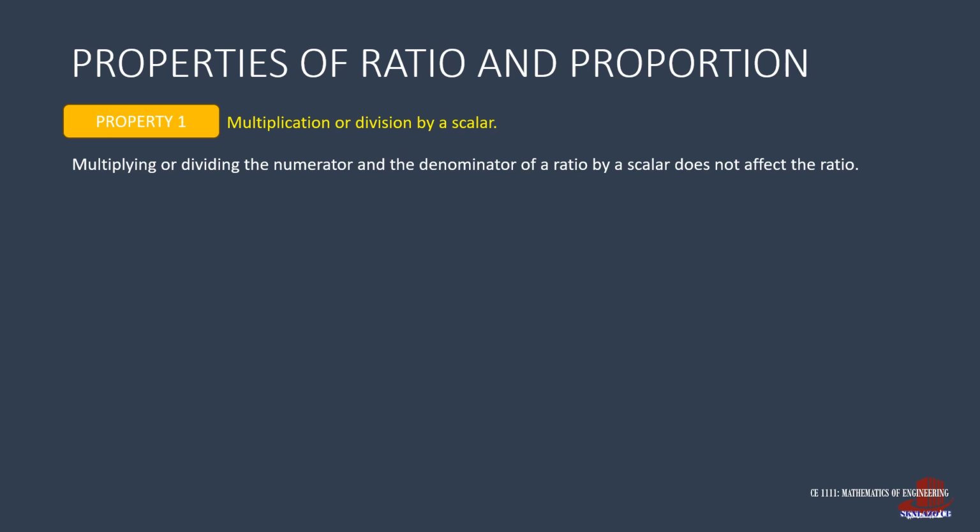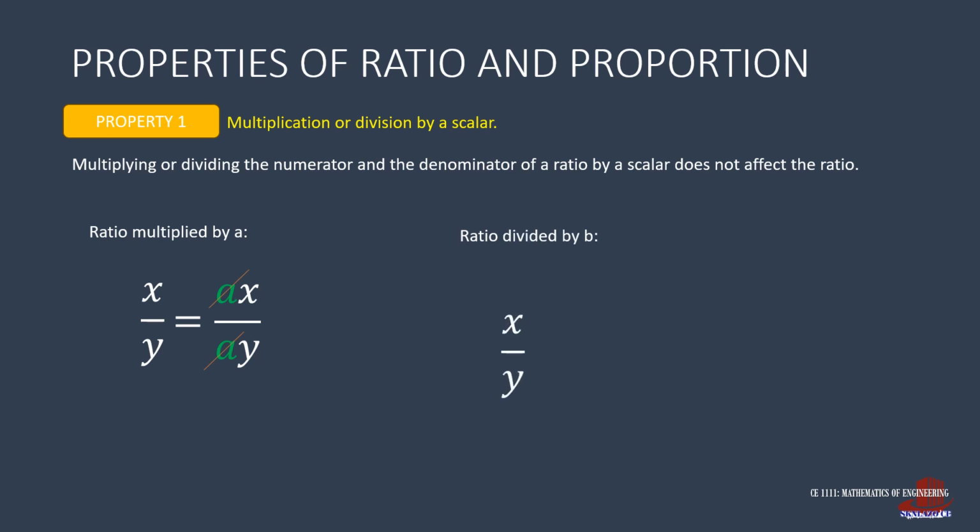To check this out, we can break the property down into multiplication with a, where the ratio x over y multiplied by a on both ends will still be simplified as x over y just the same. The same thing is true when a scalar is used to divide the ratio, where the ratio still remains the same.